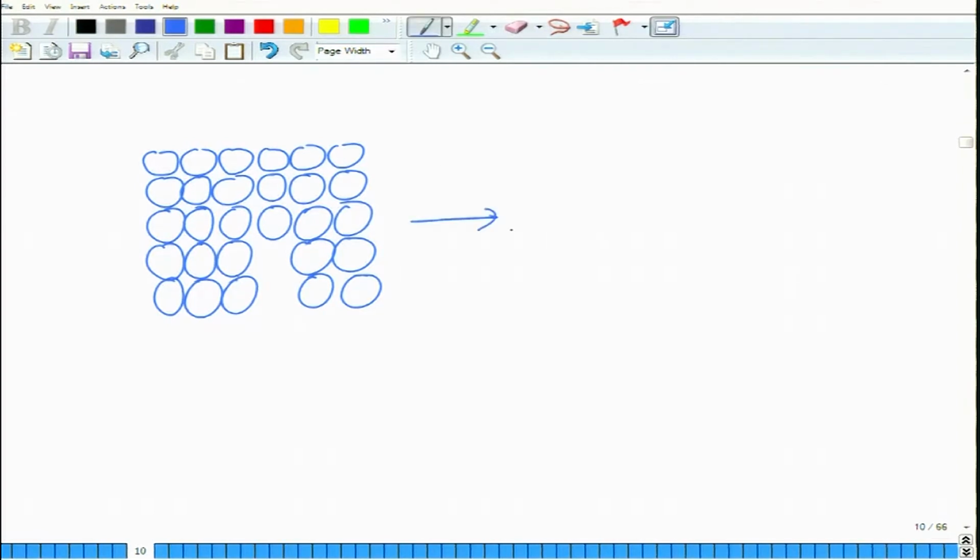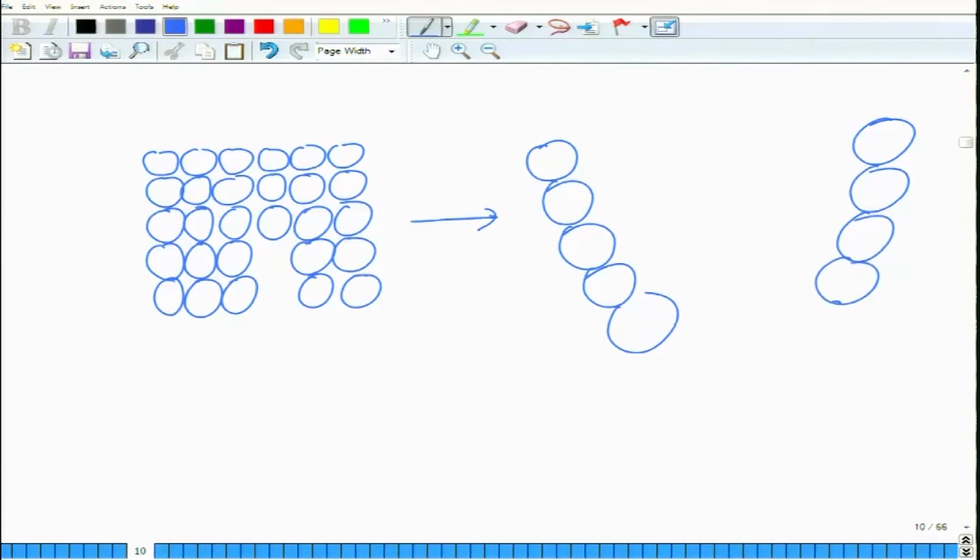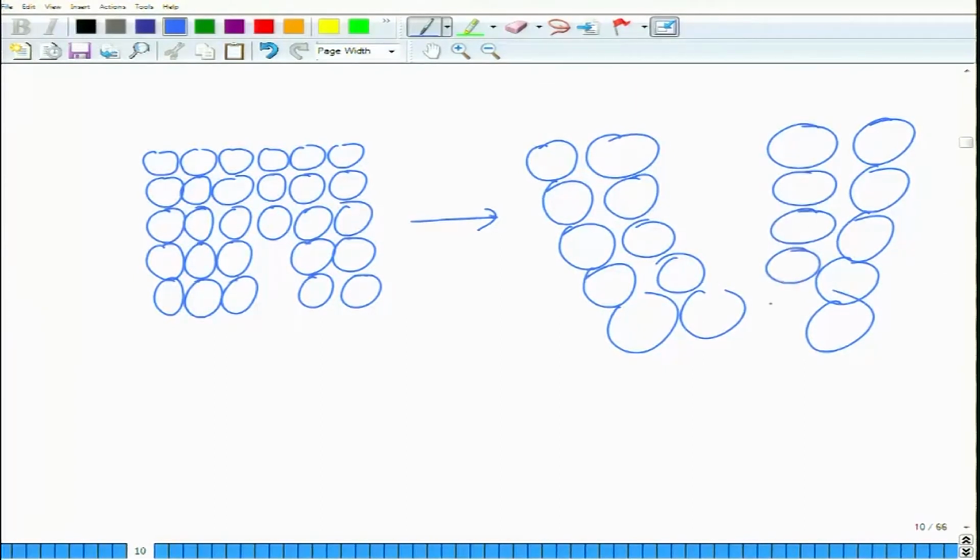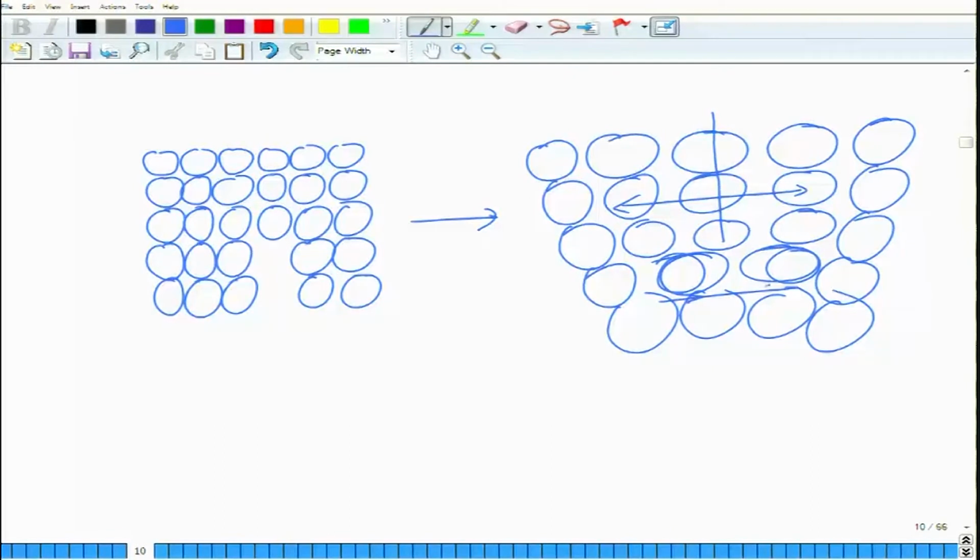So, you will have distortion like this, and then in between you will have these atoms. So, this is an extra row of atoms. This extra row of atoms has created a strain in the lattice. This part has expanded and this part has contracted.